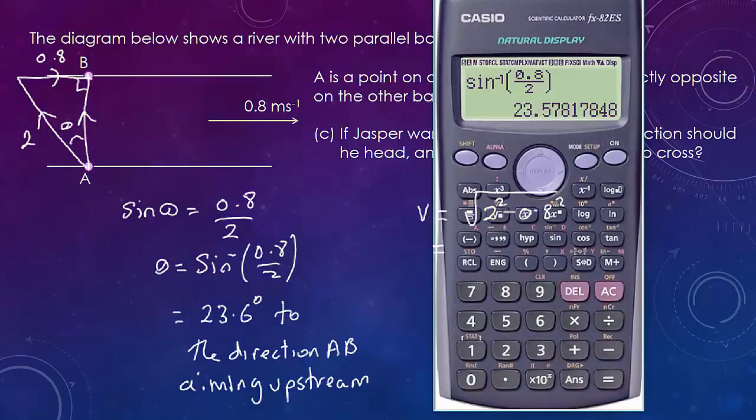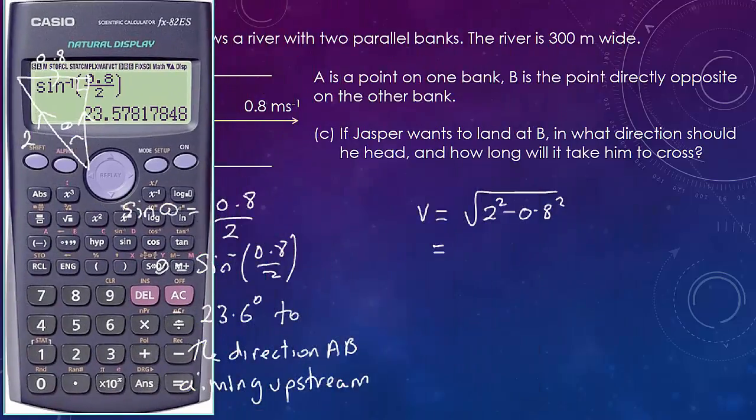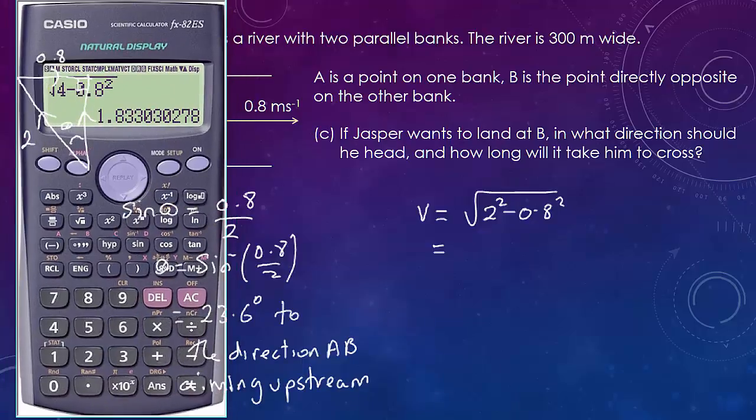So we've got the square root of 4 take away 0.8 squared. No, let's just put it down as a decimal. So it's 1.83.